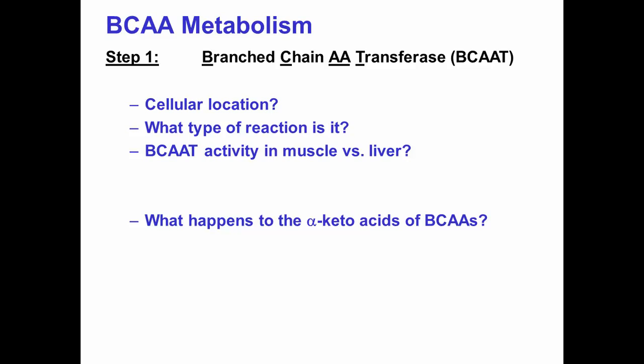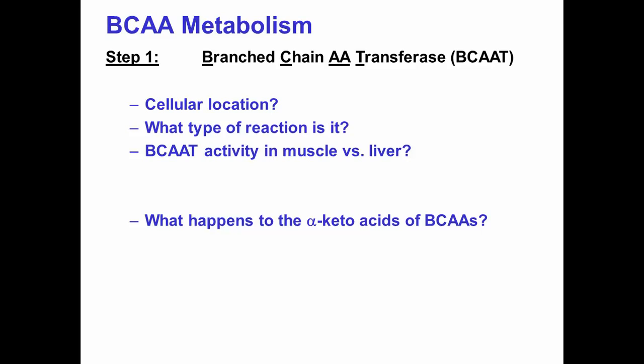I think I'll show you a diagram in a moment, but we'll just say here, just so it's complete, in the fed state, we can transport those branch chain keto acids to the liver where they get met by the BCKAD enzyme. Actually, I'm getting ahead.